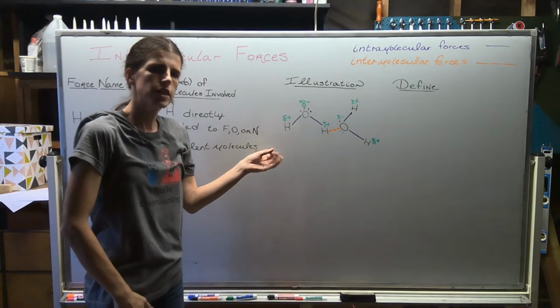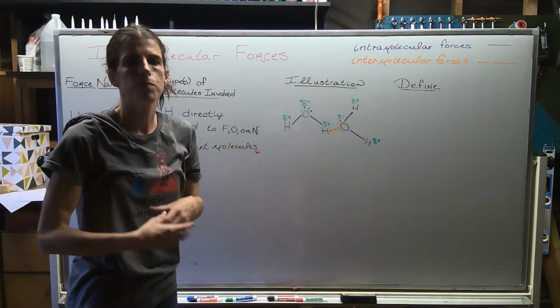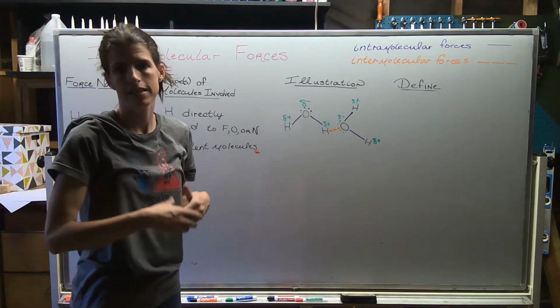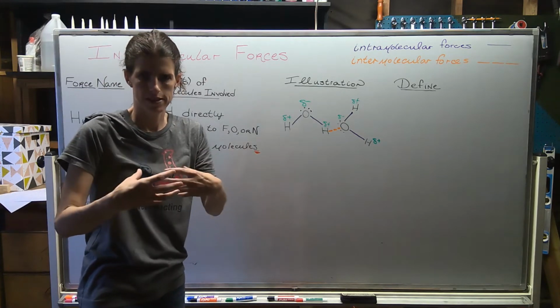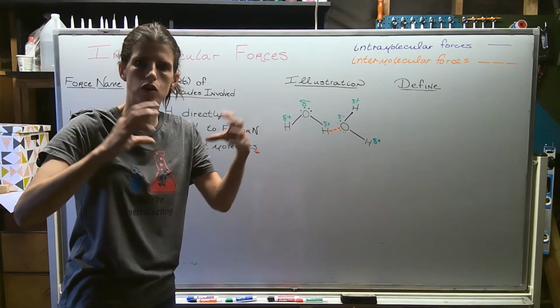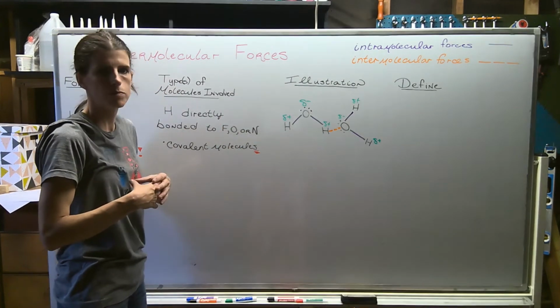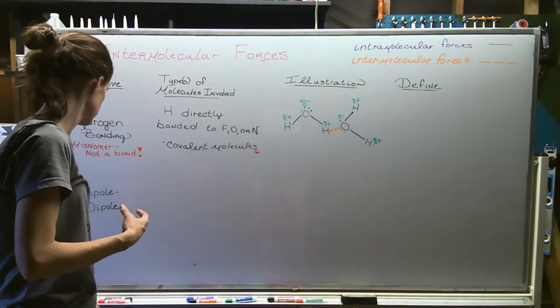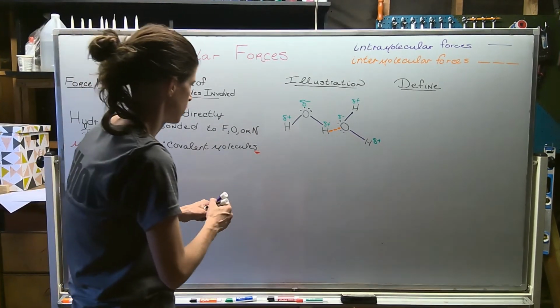This illustration here with the two water molecules is an example of a pure compound that has the capacity to exhibit hydrogen bonding with itself, between different molecules, but in a pure solution. We can also have hydrogen bonding occurring in mixtures. One example of that would be ammonia.